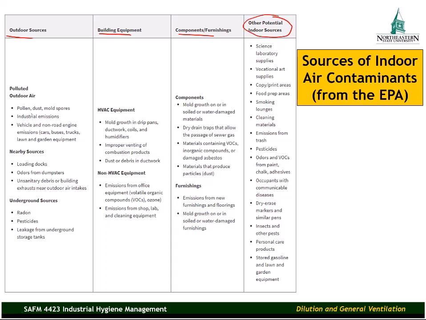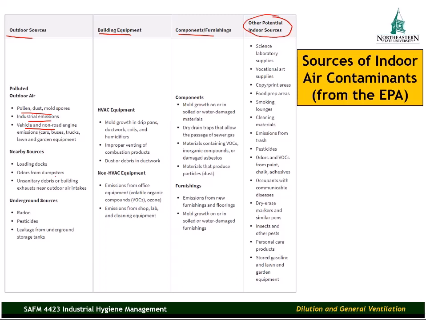But outdoor sources: pollen, dust, industrial emissions, could be vehicle emissions. When you look at air quality in the United States, the vehicles we drive are the primary polluter, putting nitrous oxides, oxides of sulfur, carbon monoxide into the air.